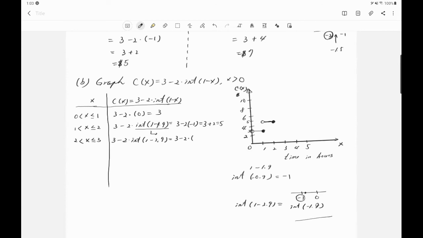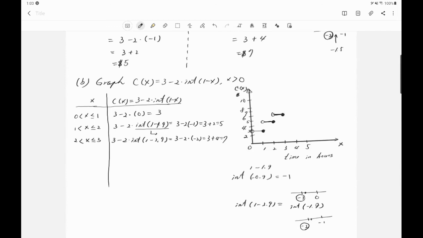As you see here, here's negative 1, negative 2. Negative 1.9 is here, so the greatest integer is negative 2. So 3 plus 4 is 7. So now, if x is between 2 and 3, it will be 7, right? Here, 7 and all the way to 3, like this.